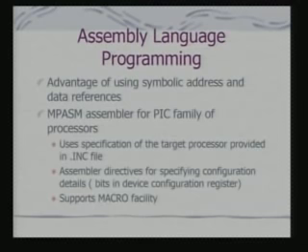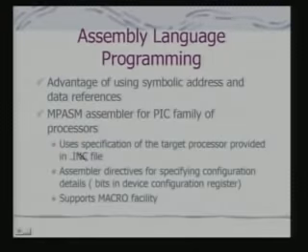So, if you have to use an assembler for a family, then that assembler requires to be designed differently. In this case, you will find for a PIC family, while you are writing your code for assembly, you also specify the target processor, and various pieces of information are provided to this MPASM assembler through what we call an .inc file.